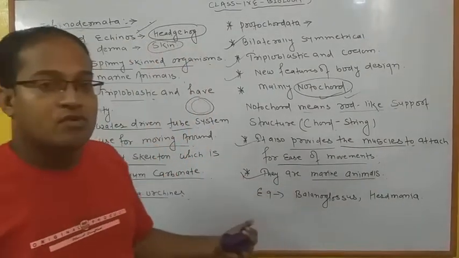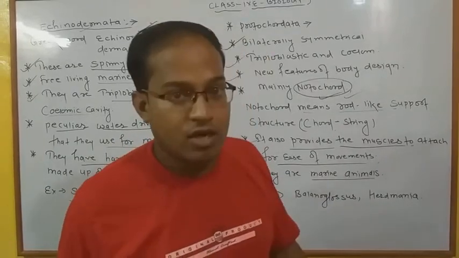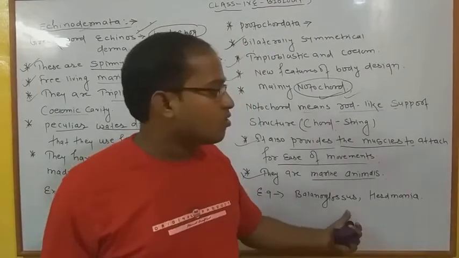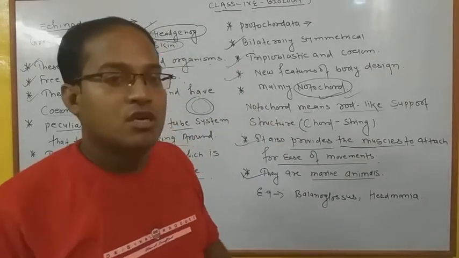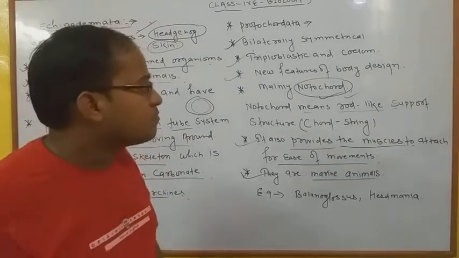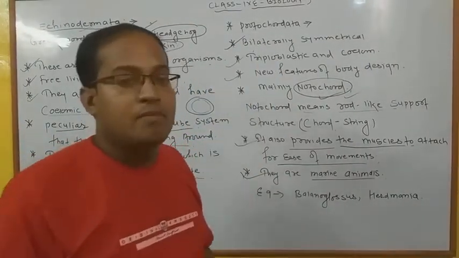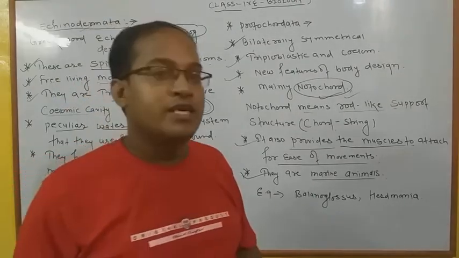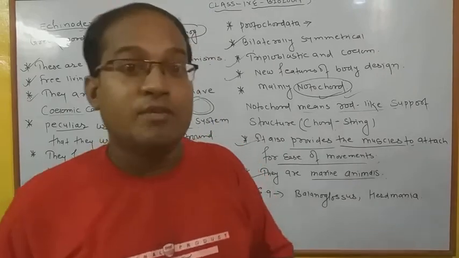And as examples we look at Balanoglossus and Herdmania. Balanoglossus is a special type of long cylindrical structure which you can easily find in your NCERT books. Now we have completed Echinodermata and Protochordata. After that our phyla are completed, but next we are going to discuss on the basis of vertebral columns.